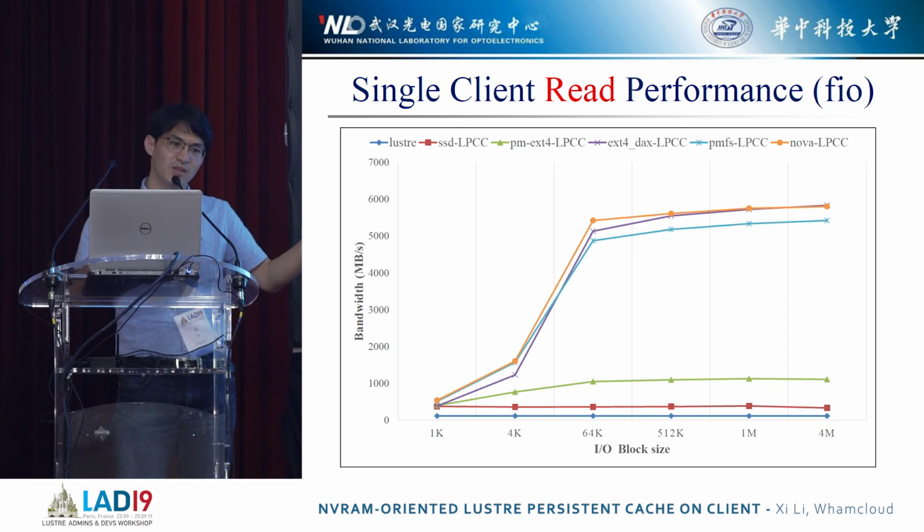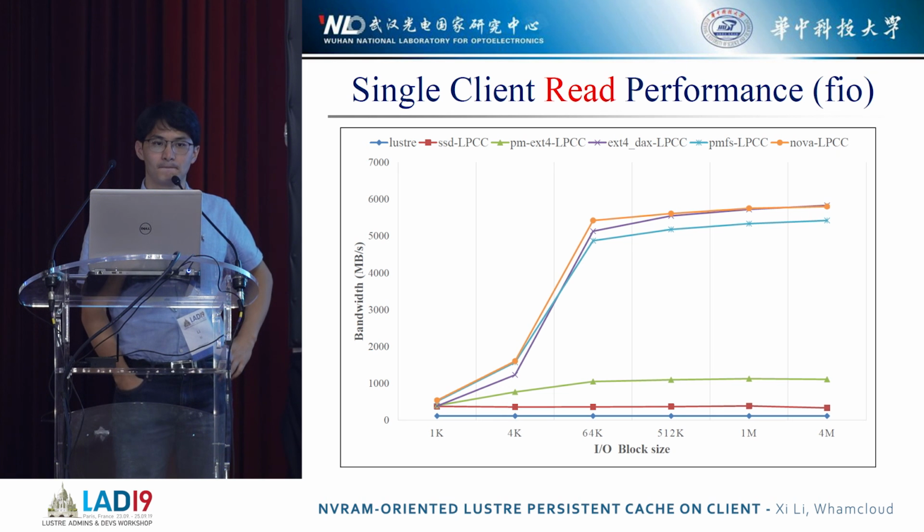But PCC uses the same mechanism in the reverse way. It needs to flush the data from the PCC storage to the OST, and after that, you can read the data from the OST on the remote client. Okay, that means when one client is modifying the data, it is flushed to the backend. Right, sure.